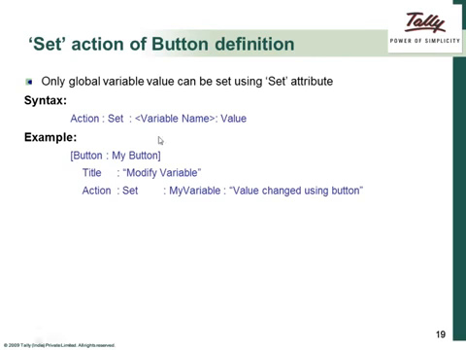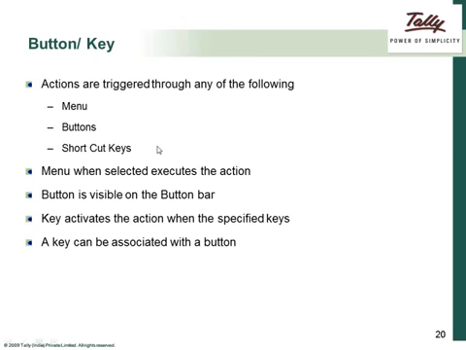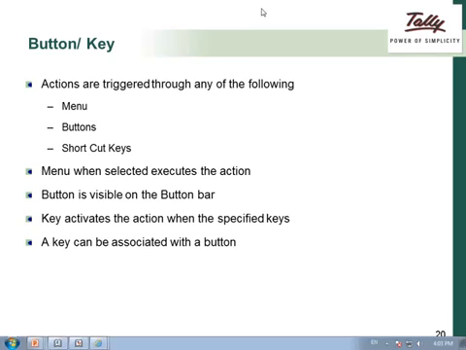Now, the actions that we have are triggered through menu, buttons and shortcut keys. Menu we have already seen. We have seen one action called display, and we have been displaying our reports.